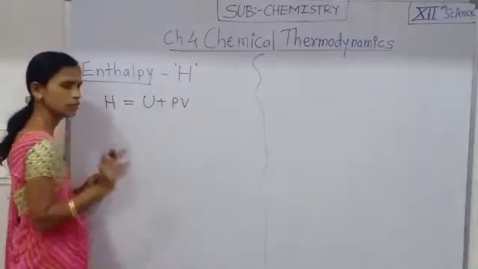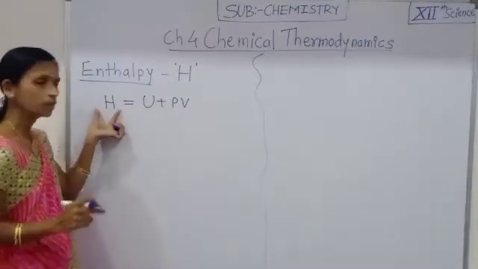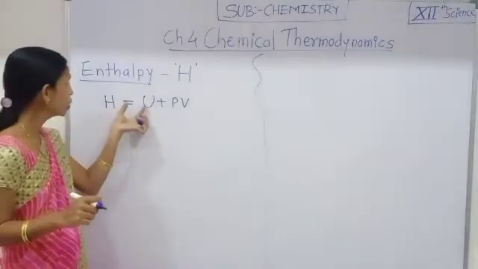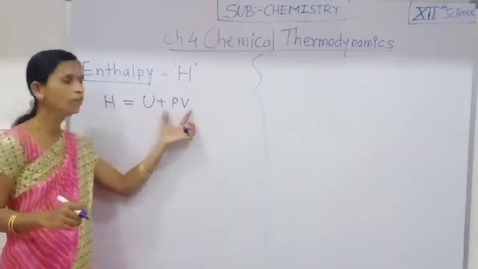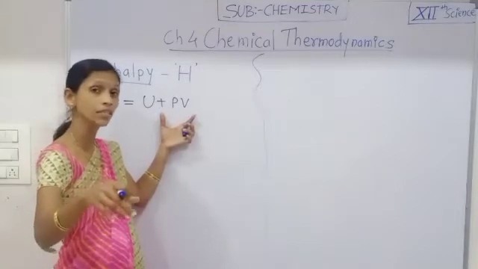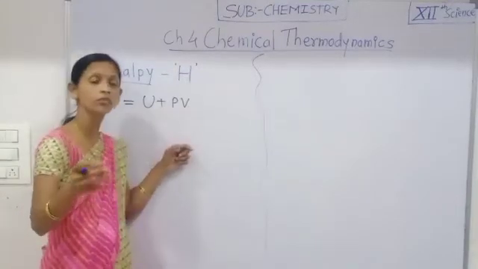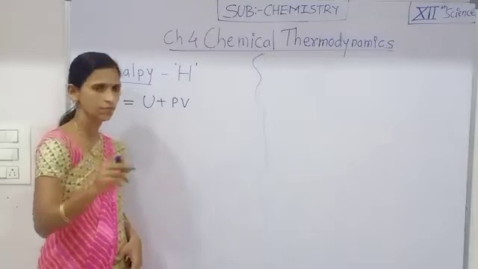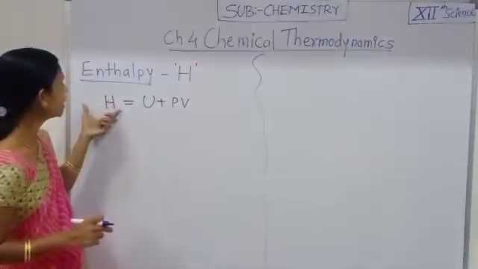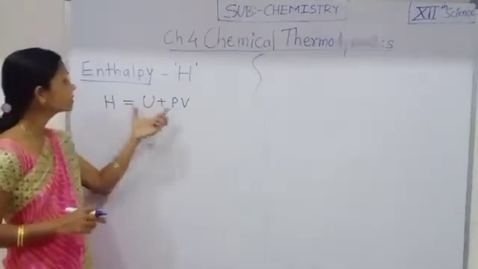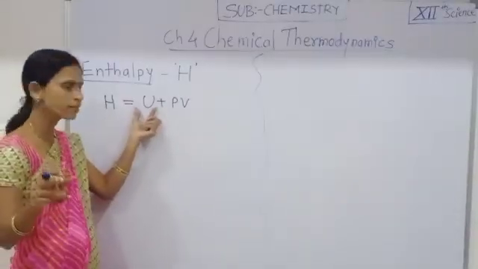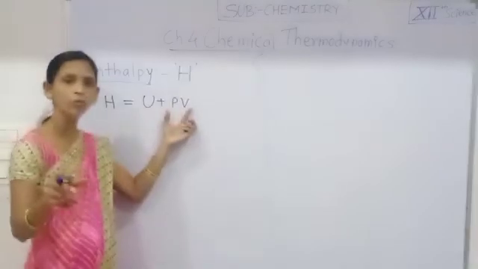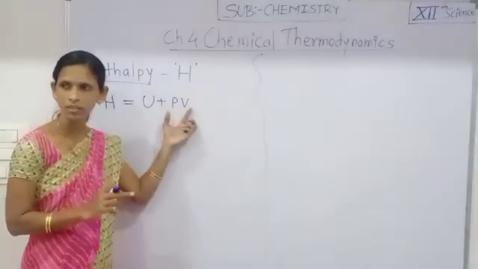That means H is the enthalpy of that substance, U is the internal energy of the substance, and PV type of energy is related with that substance. Enthalpy is the sum of internal energy of that substance and PV type of energy of that substance.